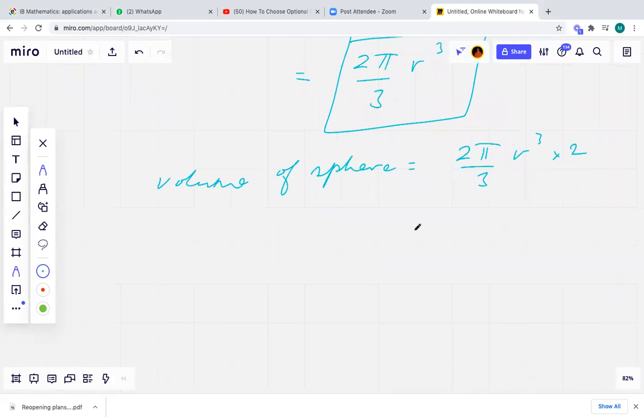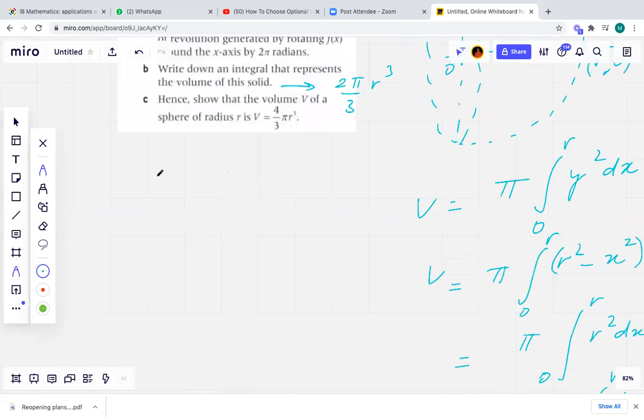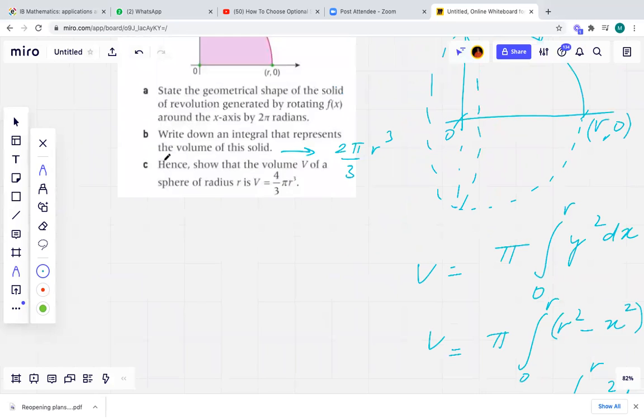That's equal to... Okay? We have done this? Understood? A, B, C we have done.